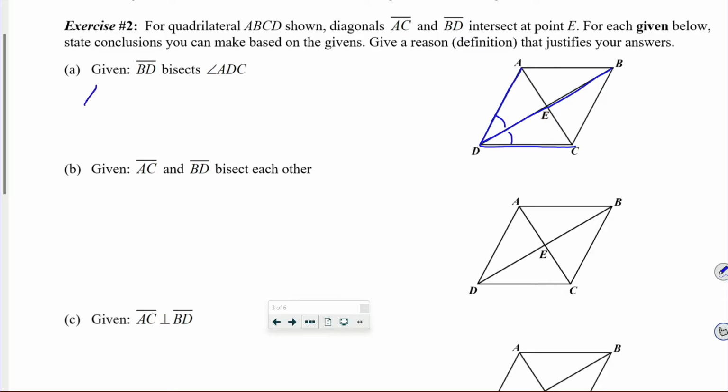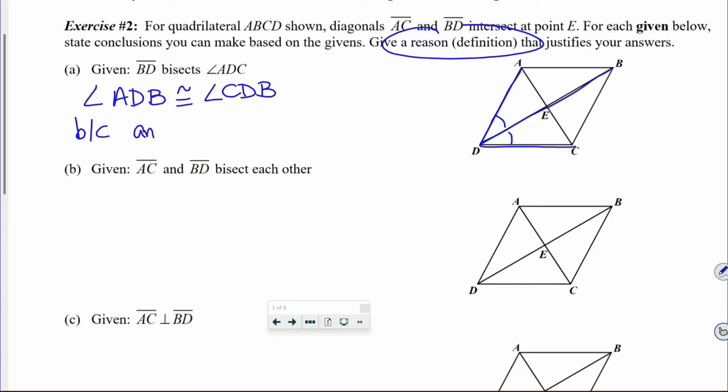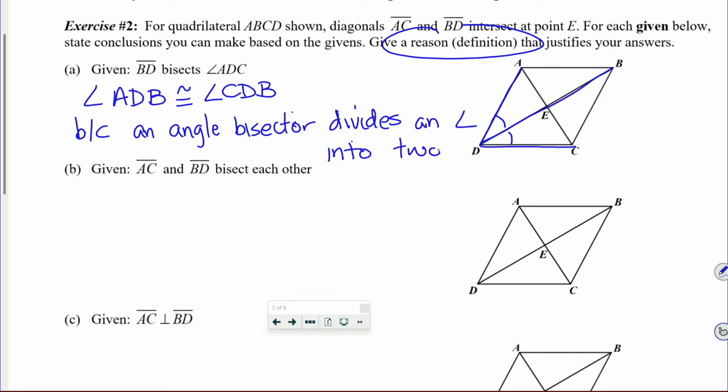So we can say that angle ADB, or ADE, it doesn't matter which one you use, angle ADB is congruent to angle CDB because, this is the part where you give a reason, because an angle bisector divides an angle into two congruent angles.